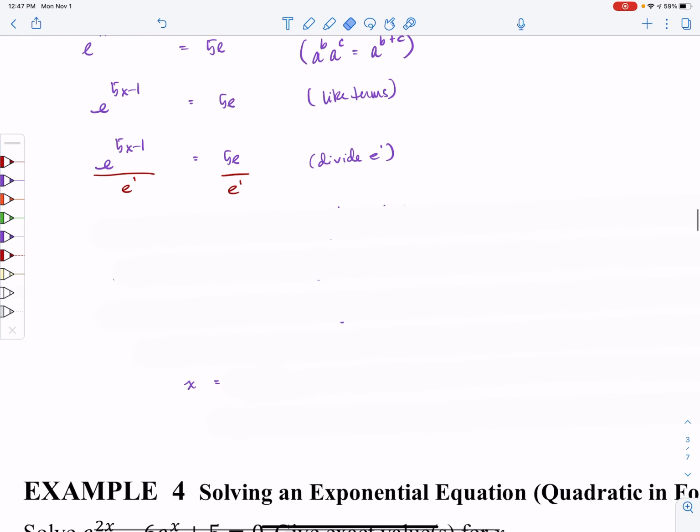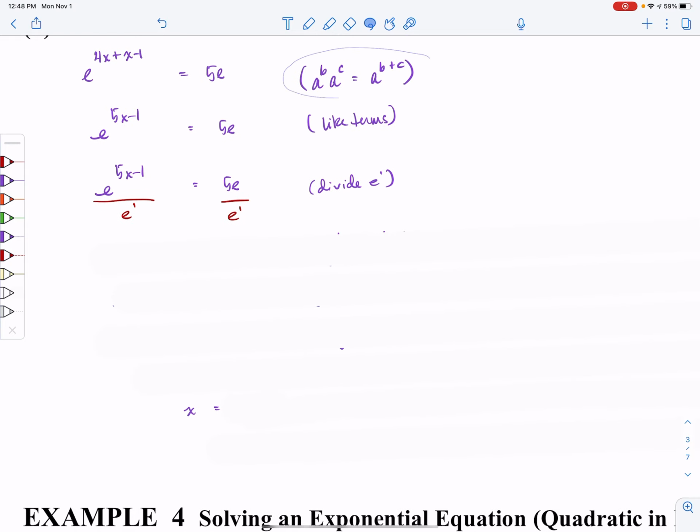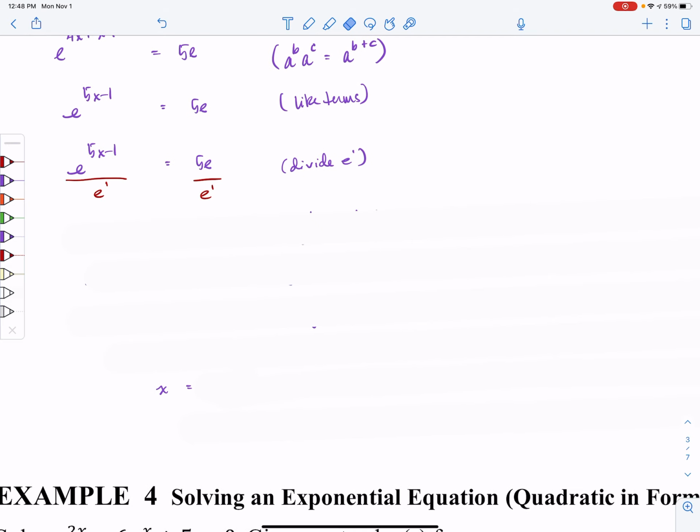And then I can use a rule that's very similar to this rule right here, but instead of multiplying like bases, now notice we are dividing like bases. And when we divide like bases, we subtract our powers. So I'll take the power that's on top, 5x minus 1, minus the power on bottom, which is just a 1. Combine our like terms. And we have e raised to the 5x minus 2 is equal to 5.